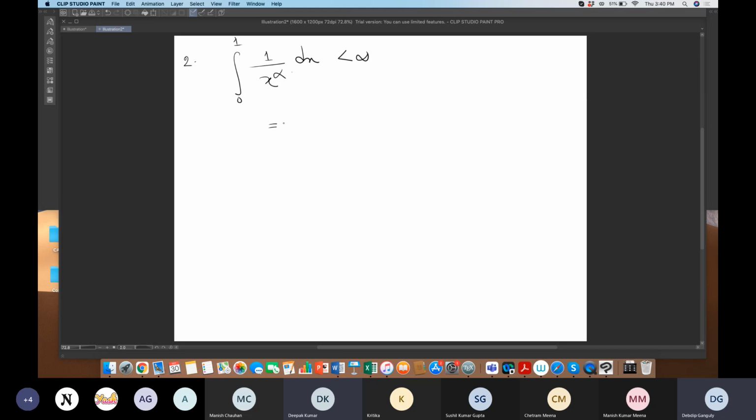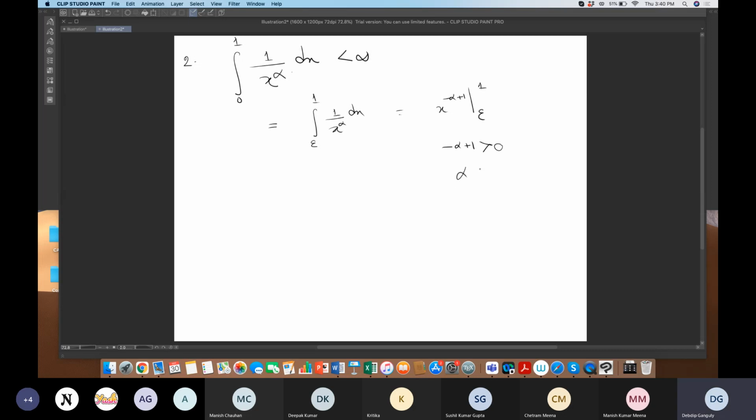What do you have to write? Integral from epsilon to 1 of 1 by x to the power alpha dx. So x to the power minus alpha plus 1, evaluated at epsilon. Minus alpha plus 1 should be, as I let epsilon tend to 0, right?